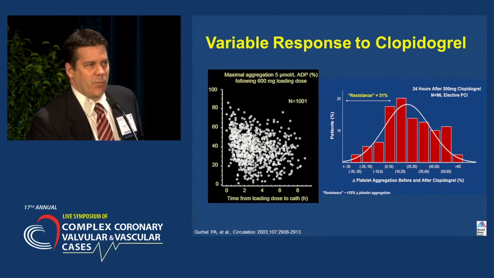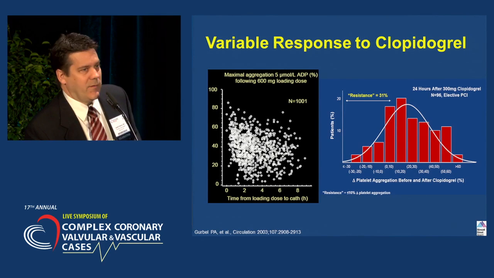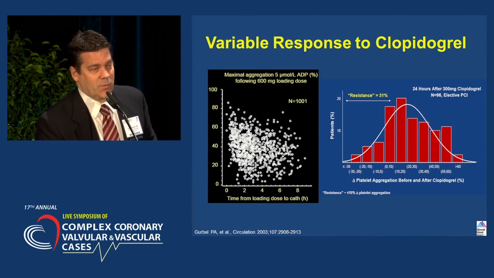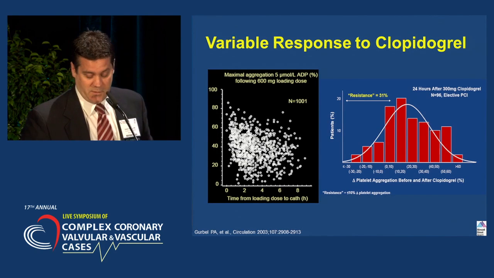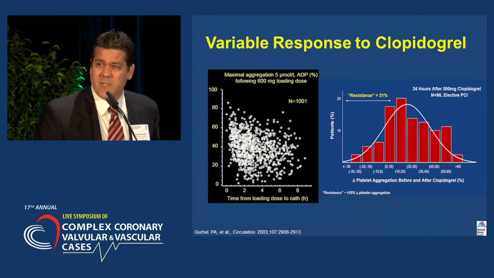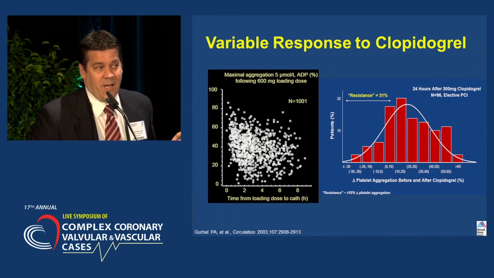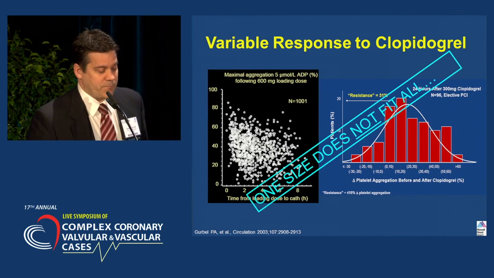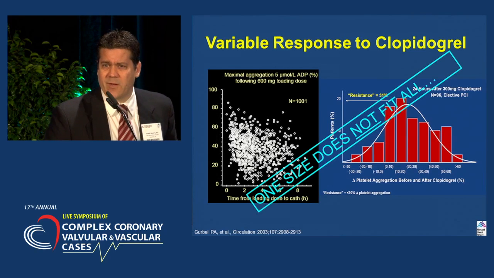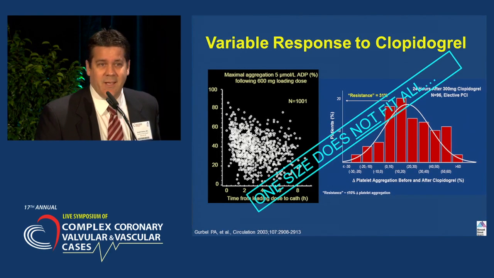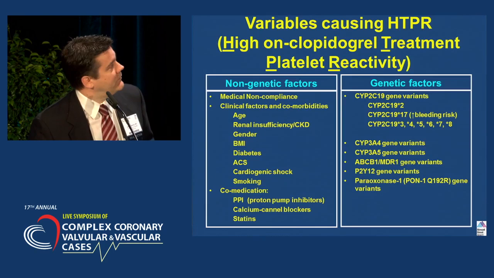So it's all across the board, ranging from people that are quote-unquote resistant, which is an old term we used to use, to being responsive to clopidogrel. So probably 20% of the patients in this room are non-responsive to clopidogrel. And what we previously thought was an all-encompassing drug actually does not fit all.